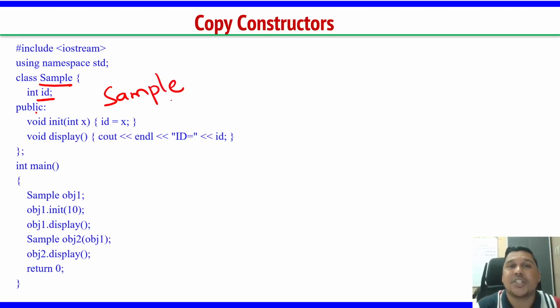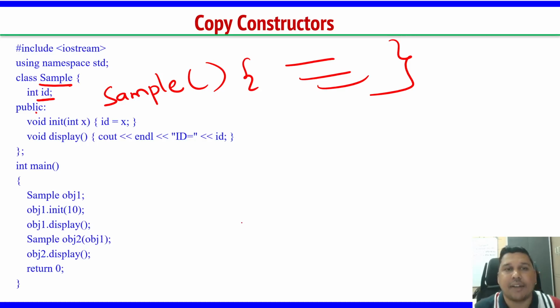If I want to define a constructor, I definitely have to write it with the class name only. Class name is sample, which means the constructor should also have the same name, sample. Okay, but not a different type here. See how we are implementing copy constructor without even using a function of the class name.